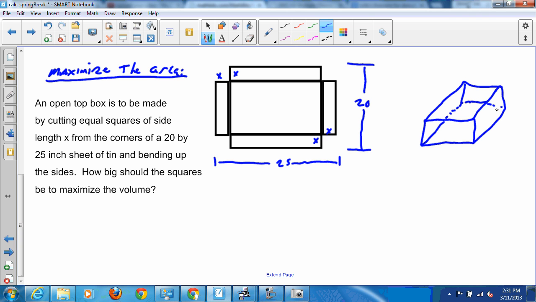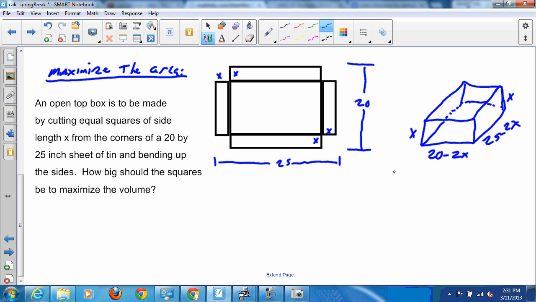So we have some dimensions here, like this is going to be 20 minus 2x, right? We cut out from this 20-inch side an x and another x, so we subtracted 2 x's, and this long side here would be 25 minus 2x. And this is the height of x, each of these heights as we bend it up. So hopefully you can see that graphically.